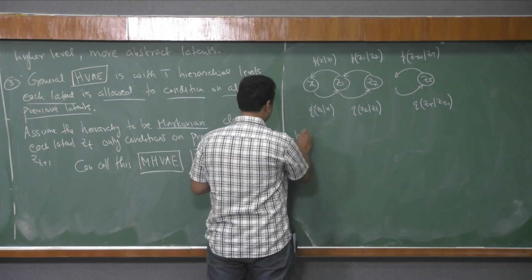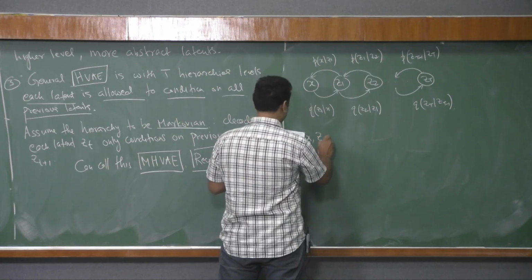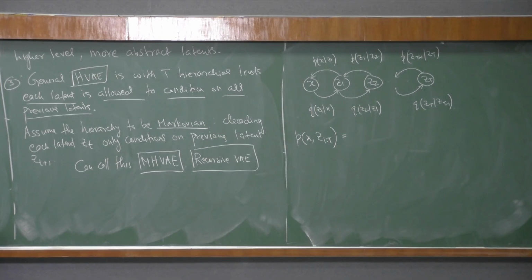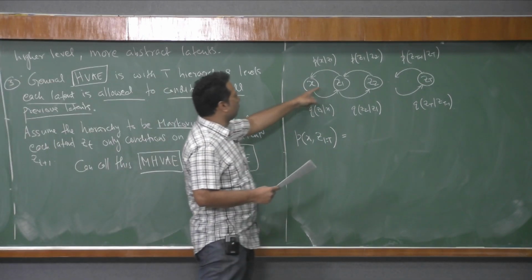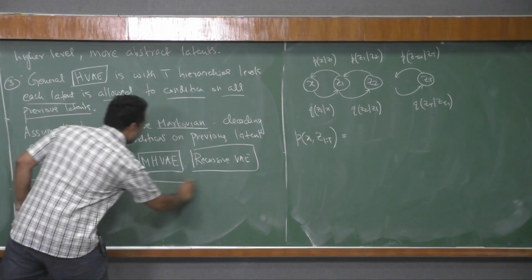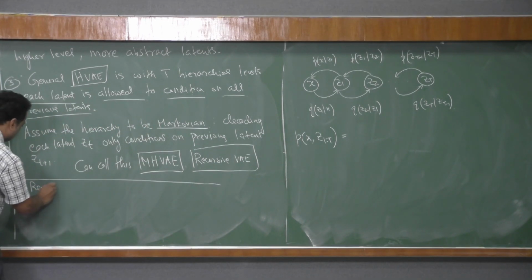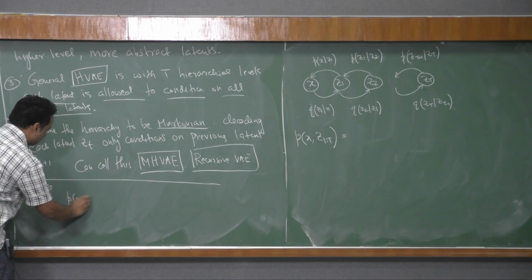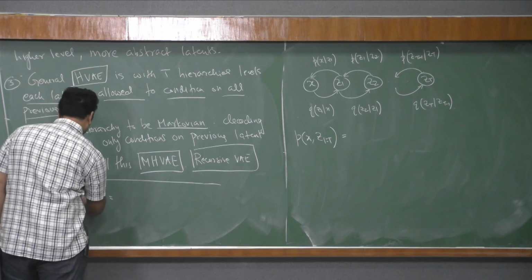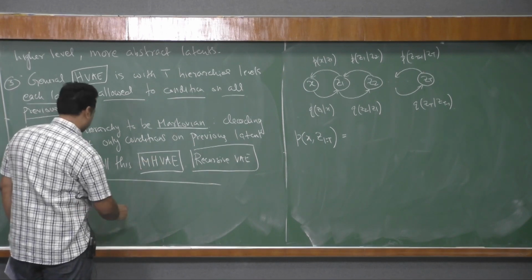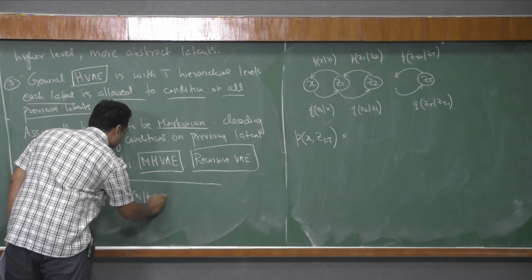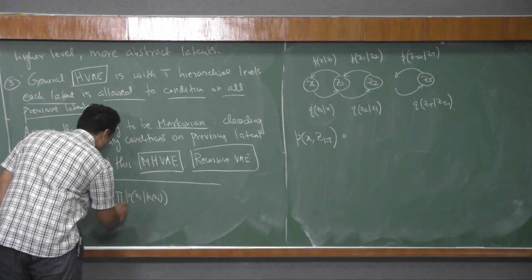So we can compute X, Z_{1:T}. We know the way to compute the joint probabilities using graphical models. Basically, if you recall, the probability of x1, x2, ..., xd is given as the product, i equals 1 to d, of the probability of xi given parents of xi.